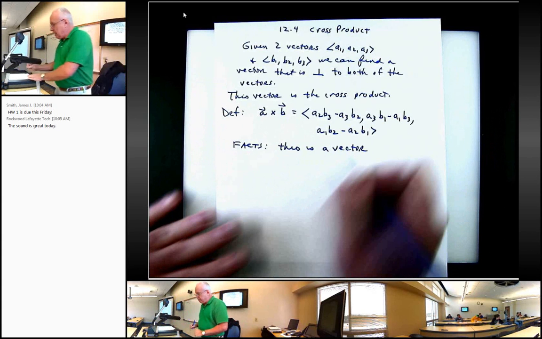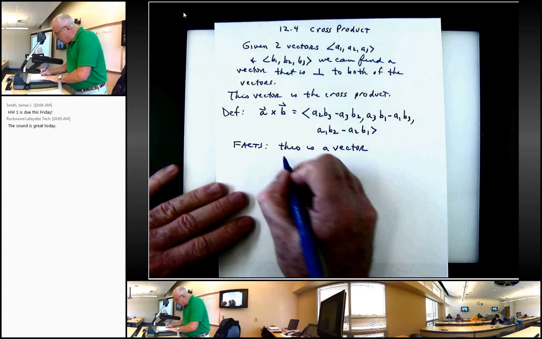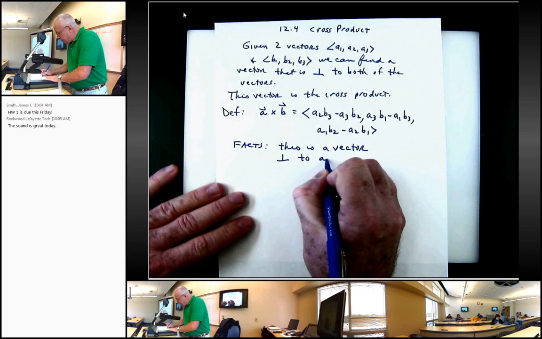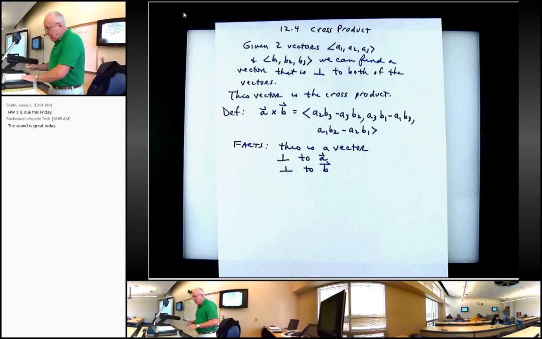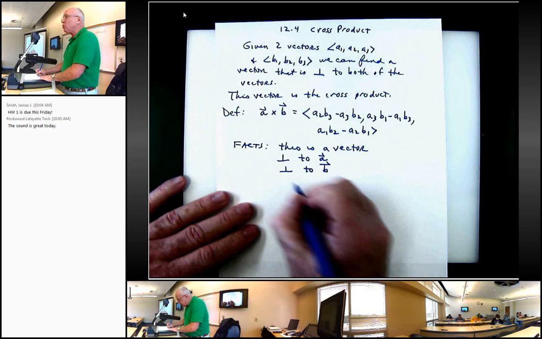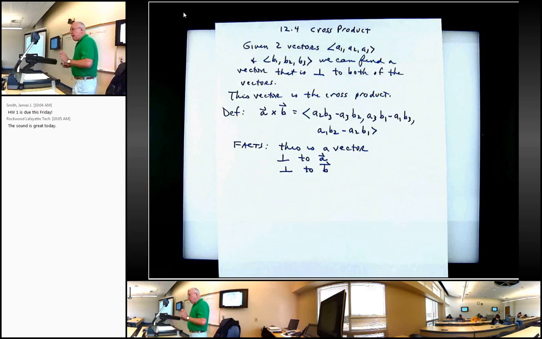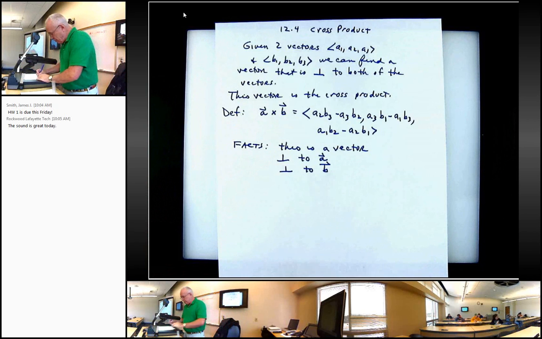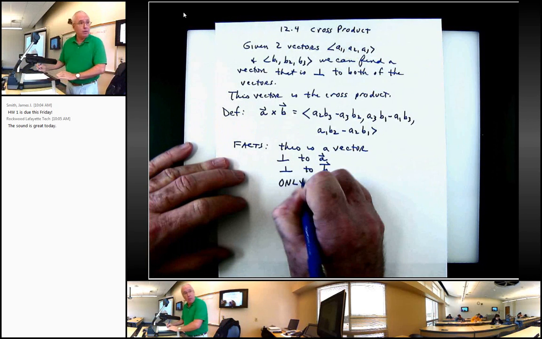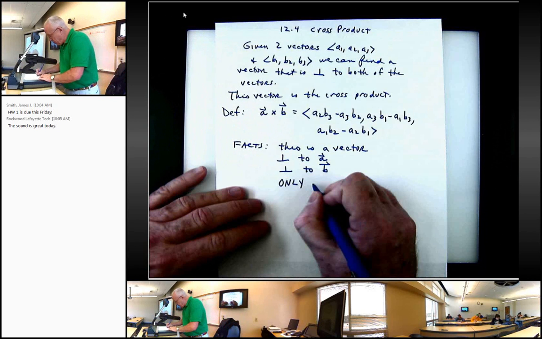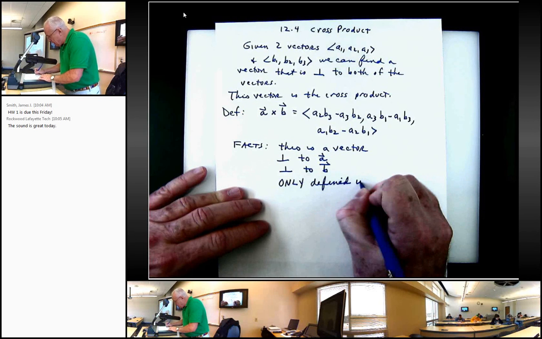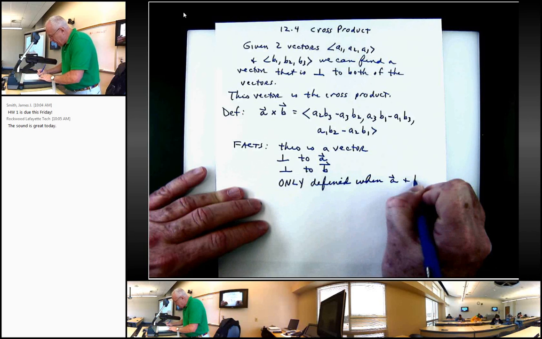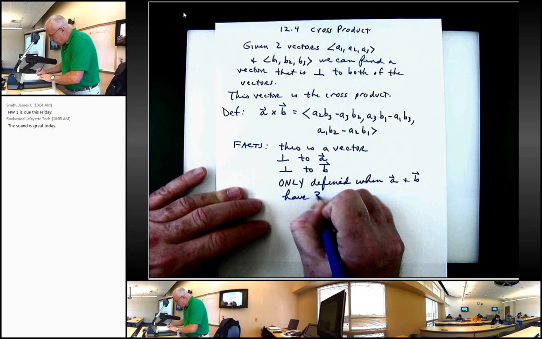Second, it's perpendicular to the vector A, and it's perpendicular or orthogonal to the vector B. And the fourth thing is that this cross product is only defined for vectors with three components in three dimensions. Only defined when A and B have 3 components.